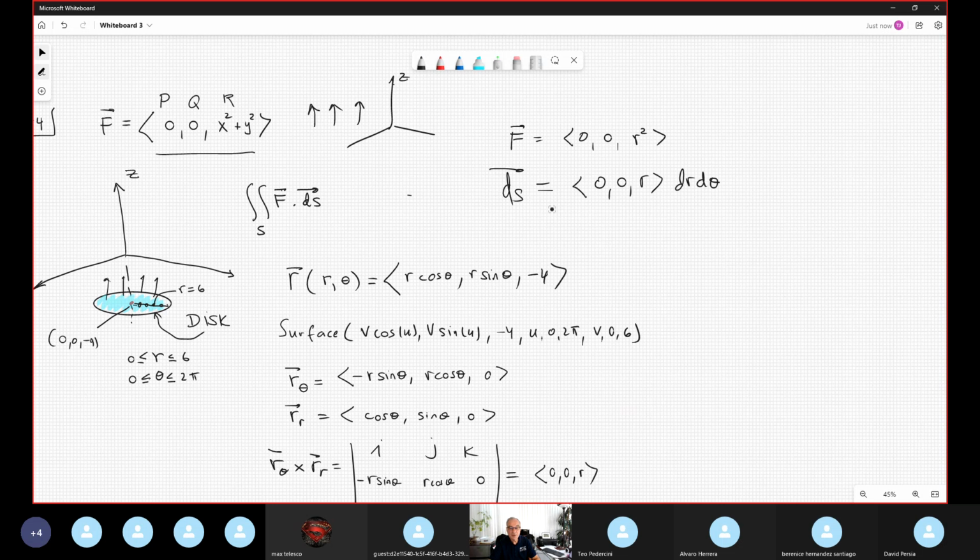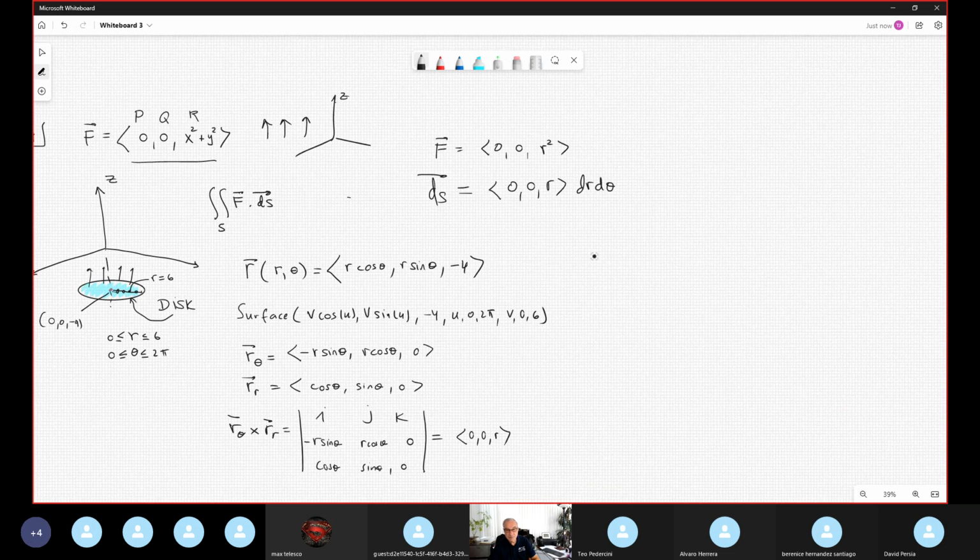And now you are doing the famous dot product, because my surface integral is the surface integral of 0, 0, r squared dot product 0, 0, r dr d theta. This so far is the surface integral.